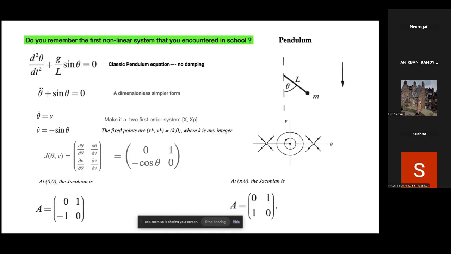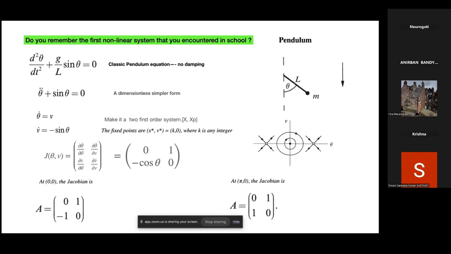At 0, 0, the A matrix after the Jacobian will look like 0, 1 and minus 1, 0. If you do the eigen solutions of this, we'll see that it looks like a closed orbit or center.